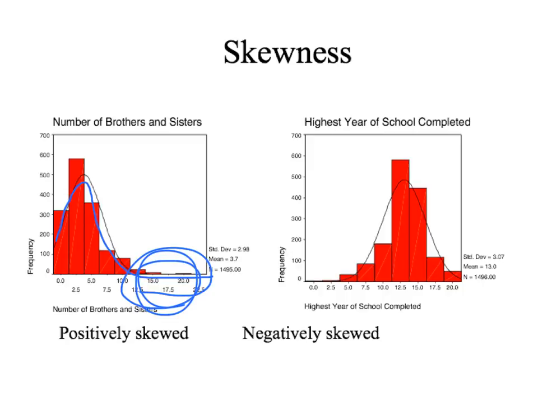When I look over at my other example here, highest year of school completed, most people have completed 12 or more years of school. So most people in the United States have a high school education. But there are a few people down here who don't. There's a few people down here who have 0, 1, 2, 3 years of education. And what that's doing is it's pulling the mean down.